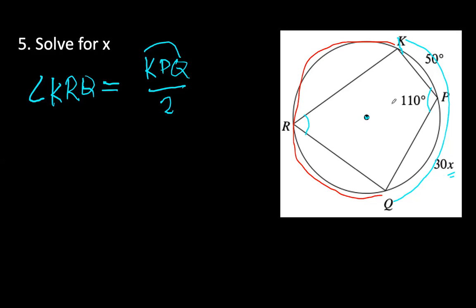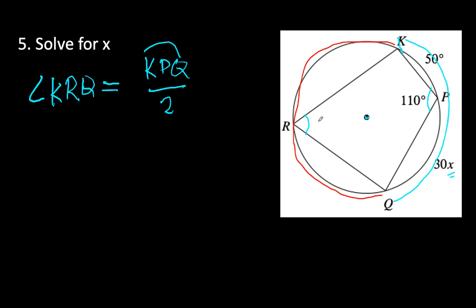If we add them up, these are just equal to 180 degrees, because 360 divided by 2 is 180.